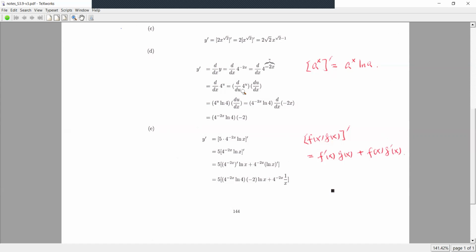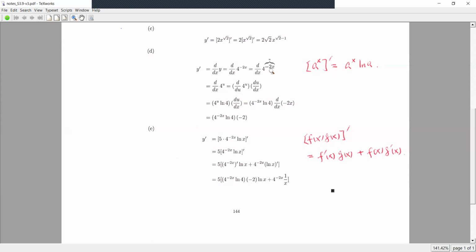This derivative, I can apply the formula here. It is by formula 4 to u times natural log of 4. Now remove u. By u, I mean negative 2x.